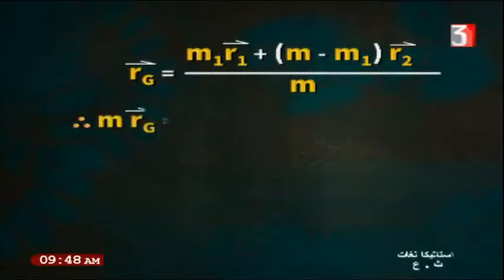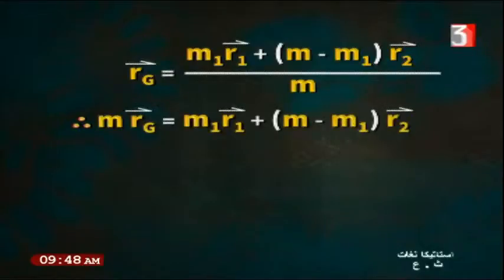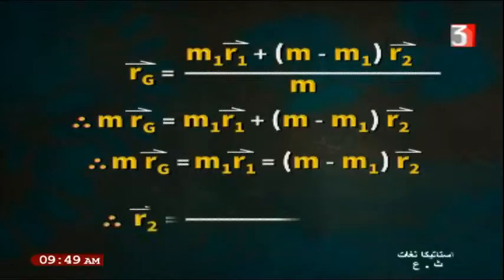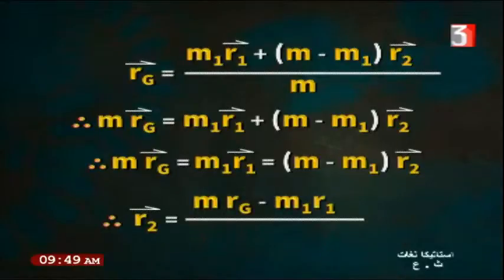By cross multiplication we deduce that m rg equals m1 r1 plus (m minus m1) r2. Therefore, r2 equals (m rg minus m1 r1) over (m minus m1).